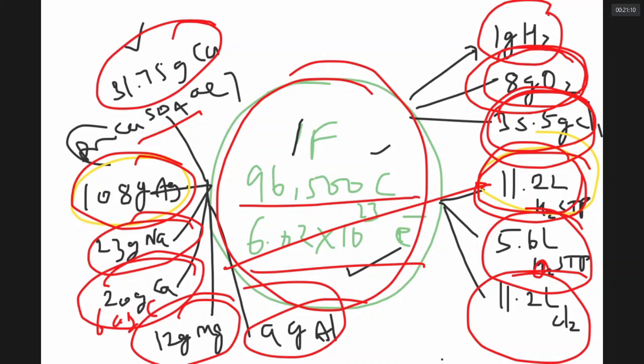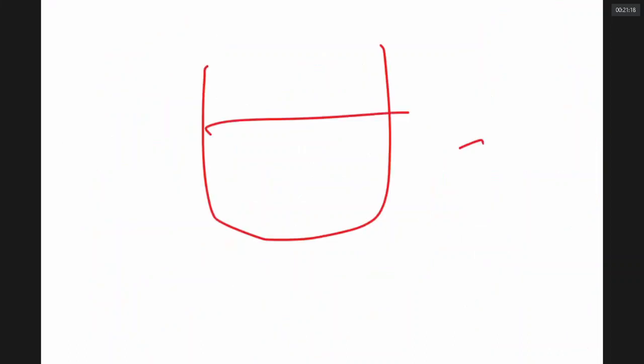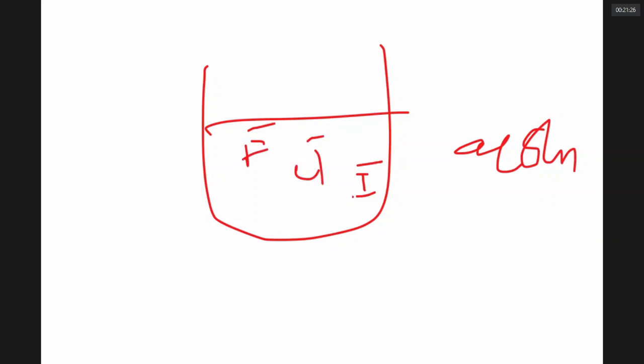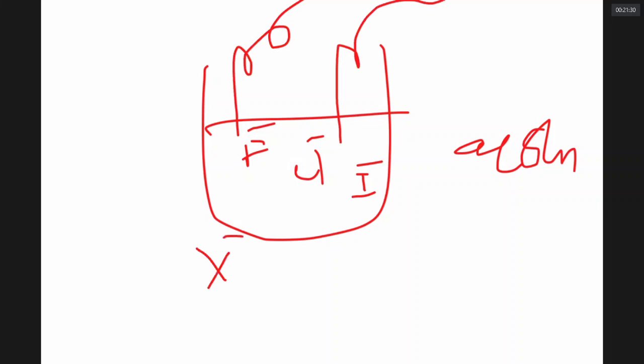In electrolysis, the criteria of product formation depend on the individual electrode potentials. Suppose I am subjecting an aqueous solution that contains fluoride ions and iodide ions to electrolysis. Which X minus first loses an electron to give X2?